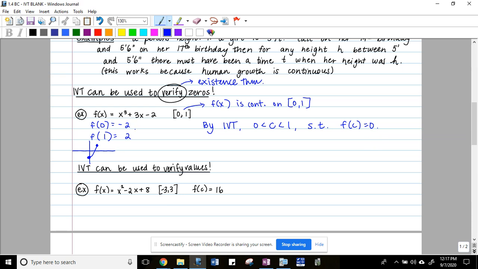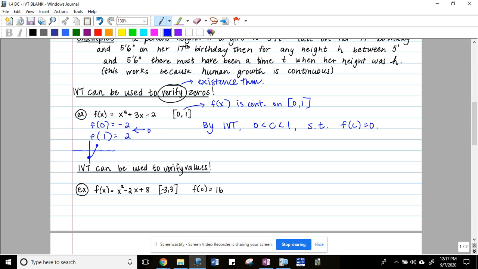And that's because we change signs here. f of 0 is -2, f of 1 goes up to 2. Since 0 falls in between there somewhere, there must be some c where that exists. Does it tell us what the c value is? No, we would have to factor or investigate graphically or just figure it out.